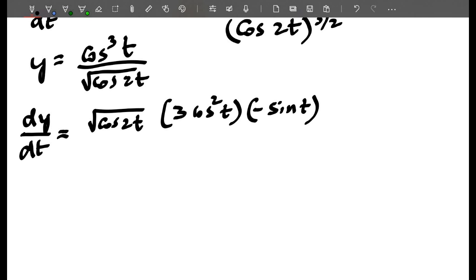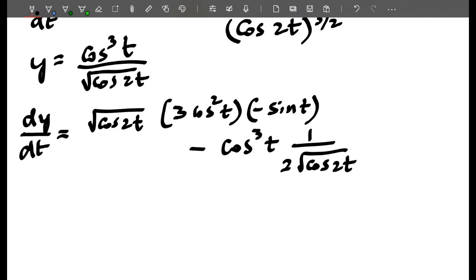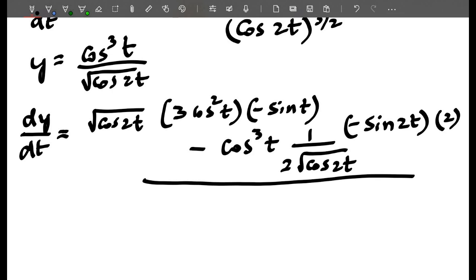Minus cos cube t as it is, and differentiating square root of cos 2t gives 1 by 2 root of cos 2t, cos 2t gives minus sin 2t, and differentiating 2t gives 2, divided by the square root of cos 2t whole square.